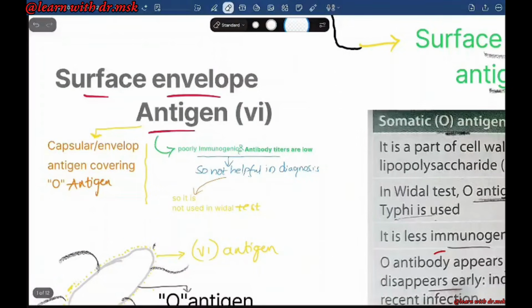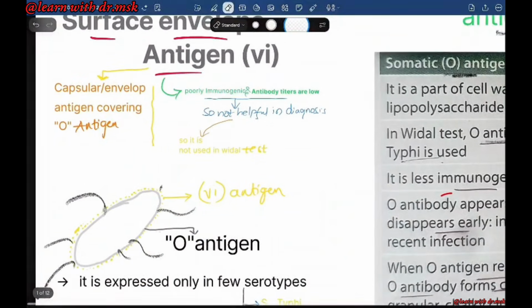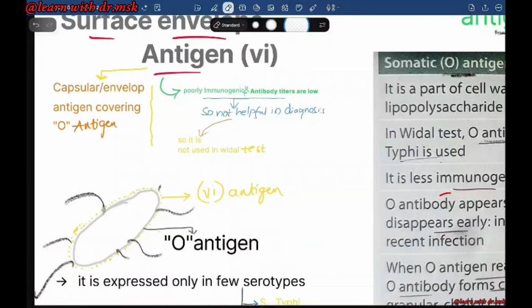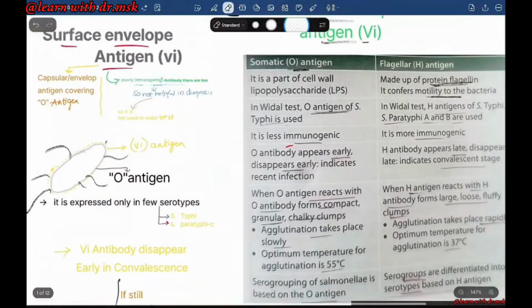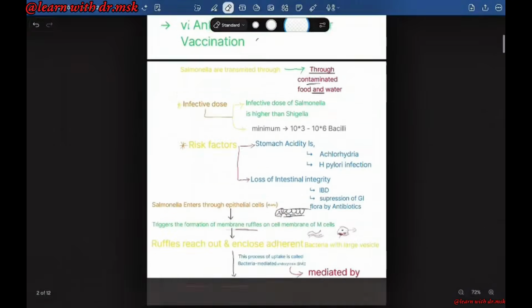If we measure that, the antibody titers are low. Even if there is a real infection, antibody titers are low, so there is a chance of mistakenly concluding that this patient doesn't have Salmonella typhi. That's why we are not using the surface envelope antigen in the Vidal test. That's clear. Let's get into the next thing.